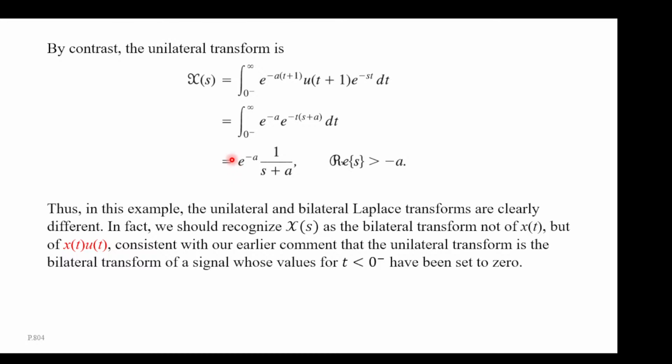We also see that the X of s is actually the bilateral Laplace transform of not x of t but x of t u of t, because you are integrating from t equals 0, so it's really the same as integrating x of t u of t. So that's the unilateral Laplace transform.